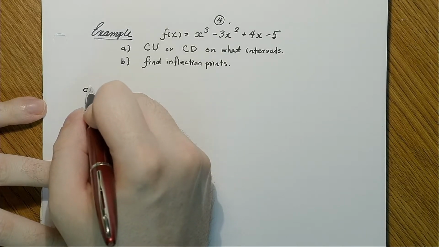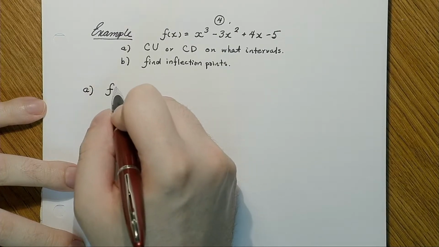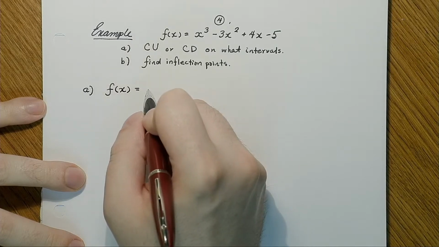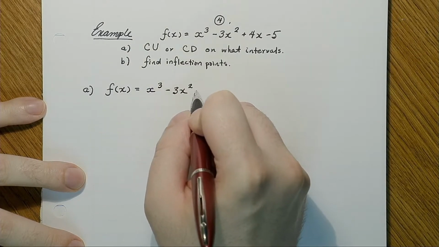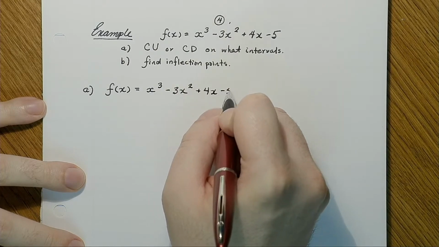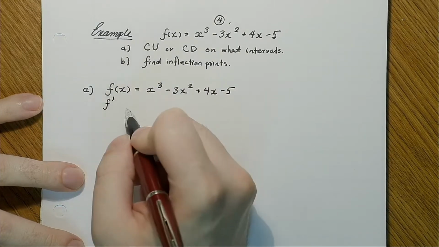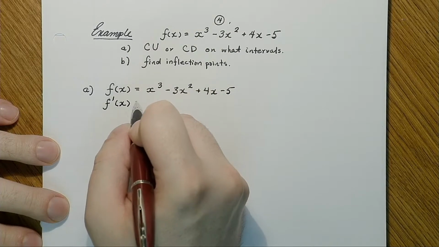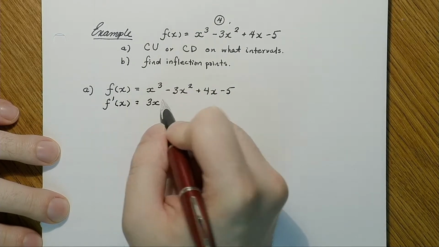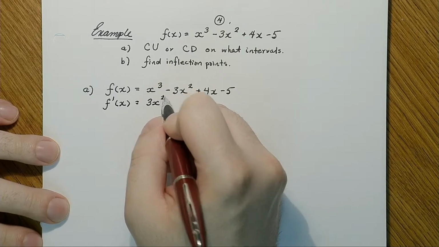So if we start with A, I'm just going to rewrite that out again. We need the second derivative to find the concavity. Again, you should be doing this along with me, just as a refresher.